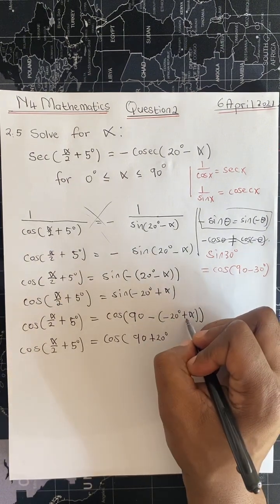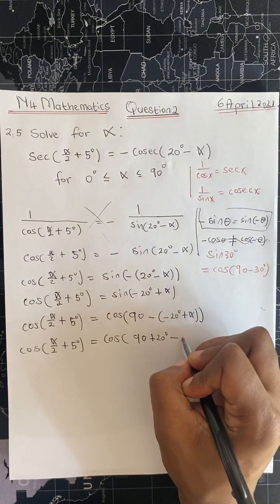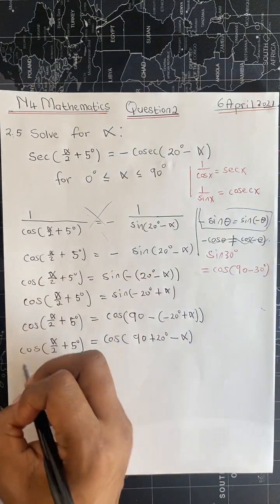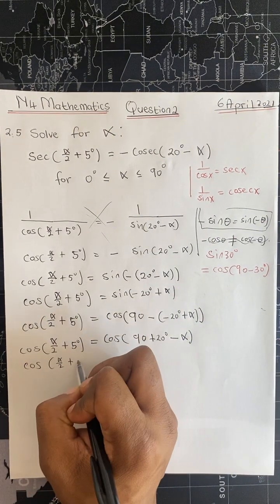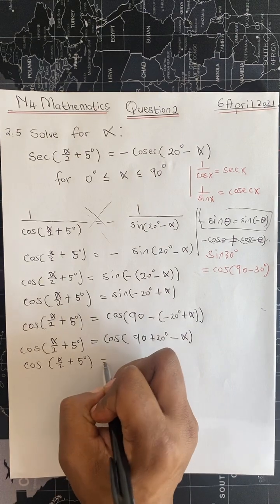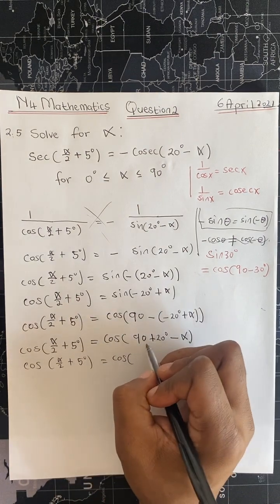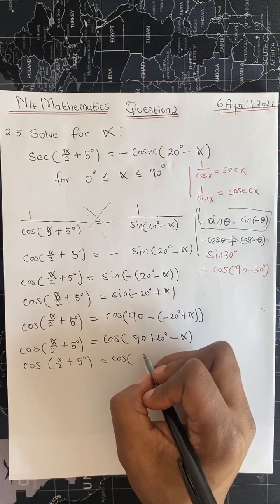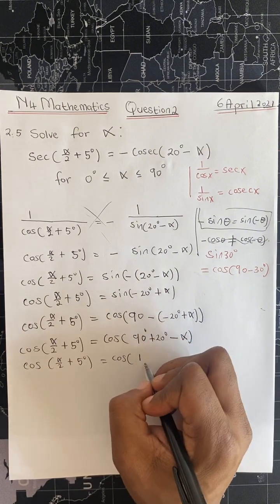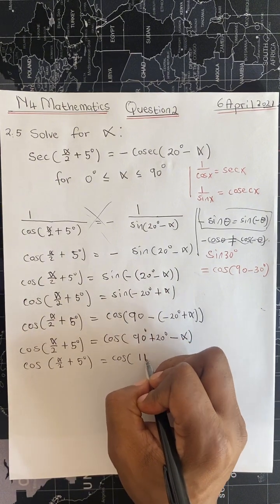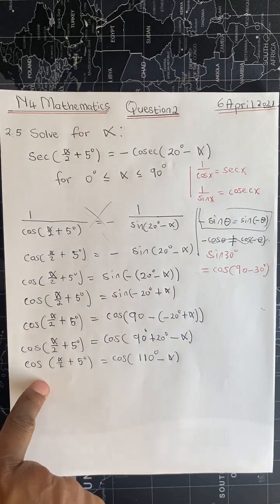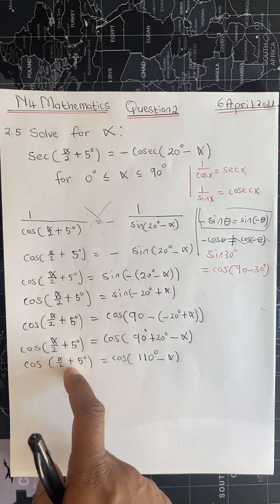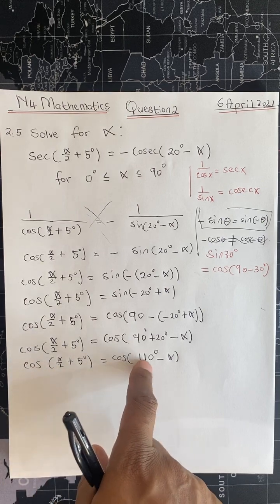And this negative multiplied by that positive alpha will be equal to negative alpha. So 90 plus 20 is equal to 110 degrees minus alpha.